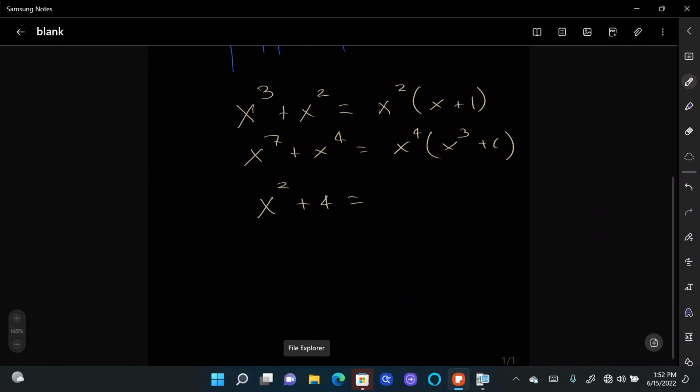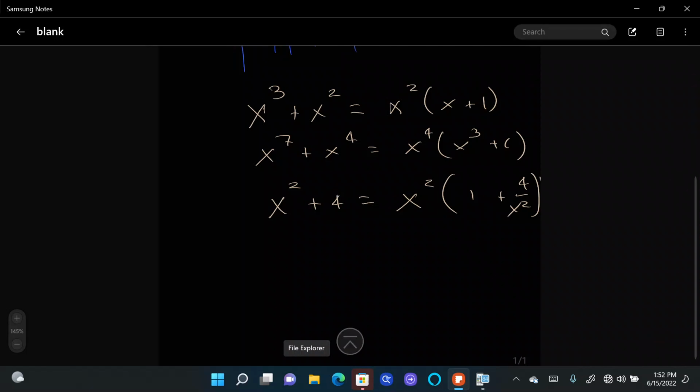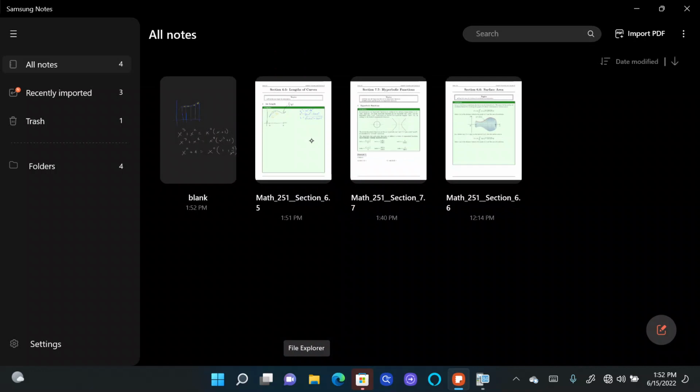But check this out, I'm going to factor out an x squared. I think it works. And this is the trick that we're going to use to derive a formula for the arc length in our derivation here.